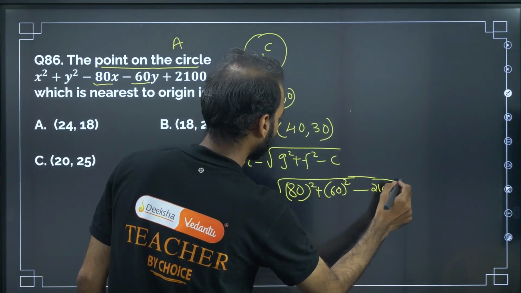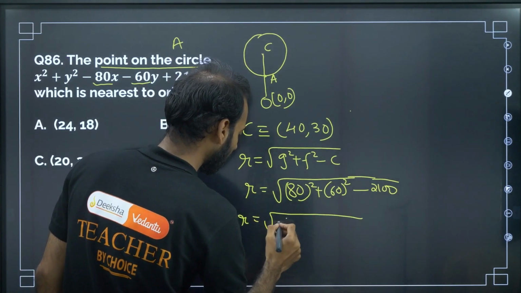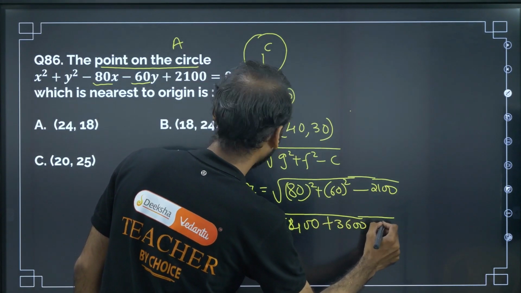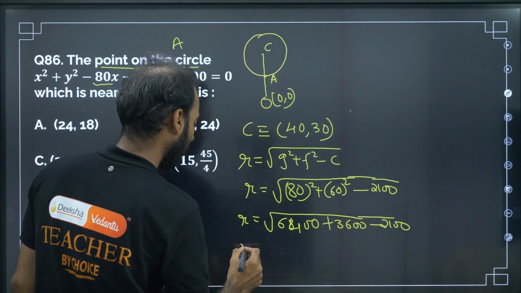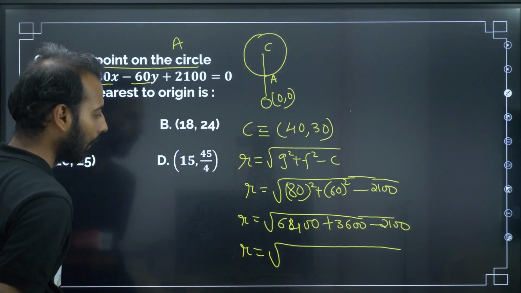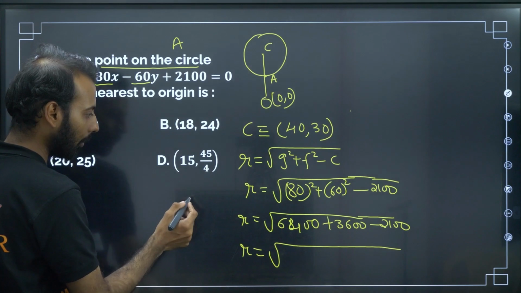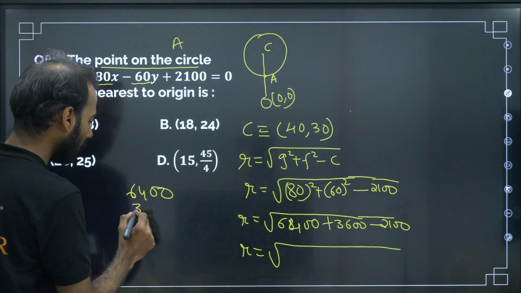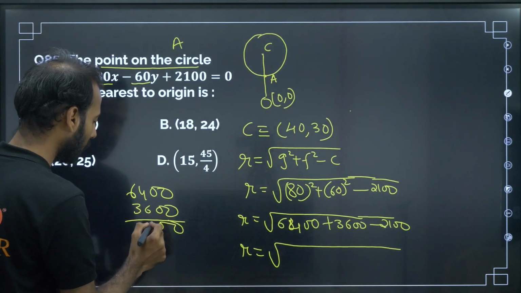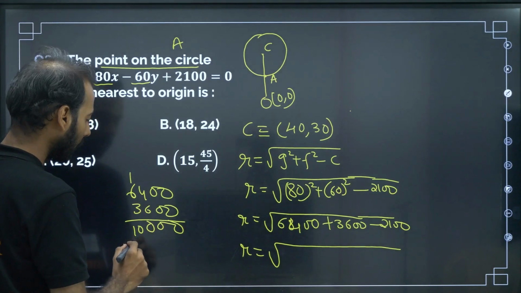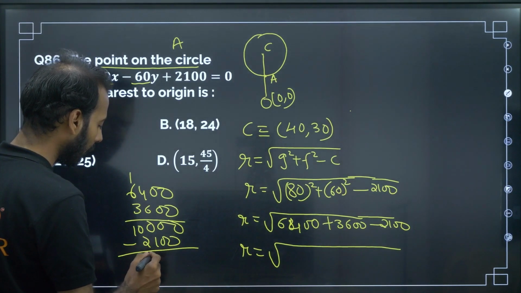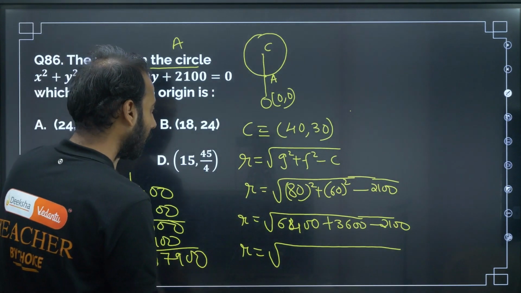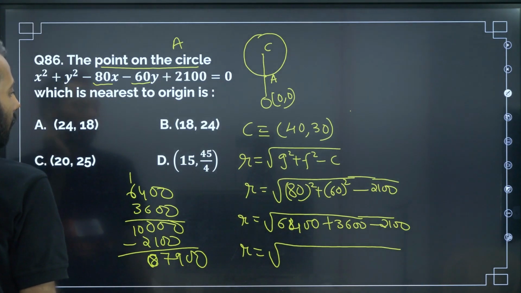C is 2100. So radius is 6400 plus 3600 minus 2100.